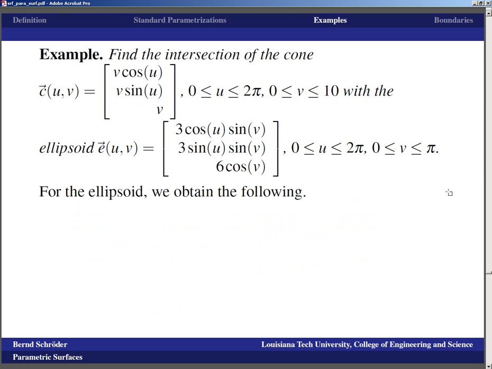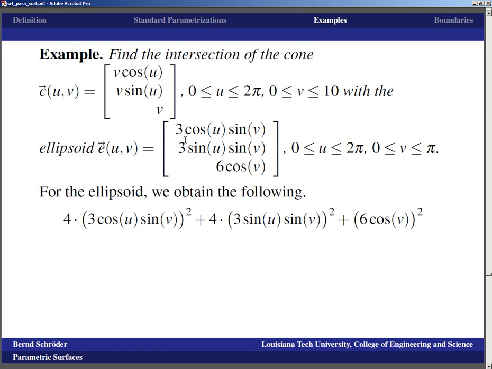For the ellipsoid, let's see, we probably want to try the same thing. We want to square to get rid of the cosines and sines of u, and that'll give us sine squared of v, and so if we square this one here, then we also have a cosine squared v to get rid of things. And we need to adjust that a little bit because 3 squared is 9 and 6 squared is 36.